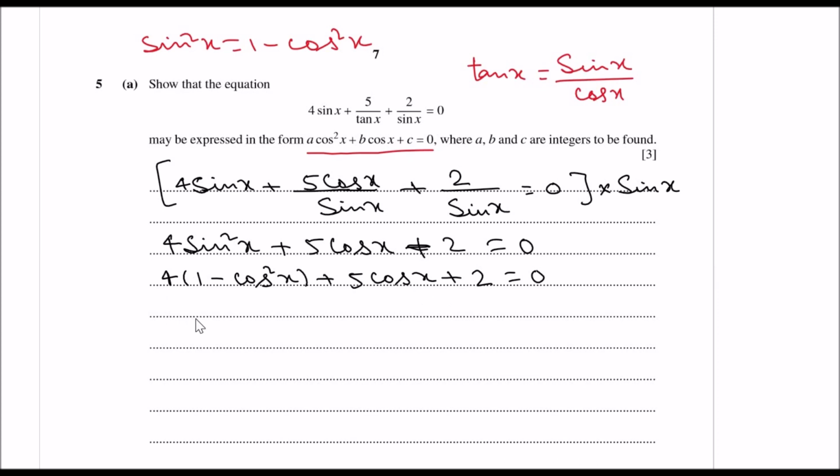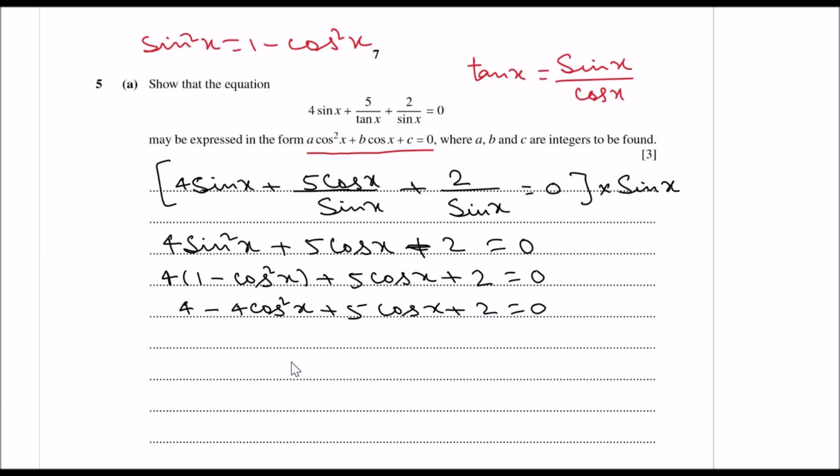Now let us open the bracket. 4 minus 4 cos square x plus 5 cos x plus 2 equal to 0.